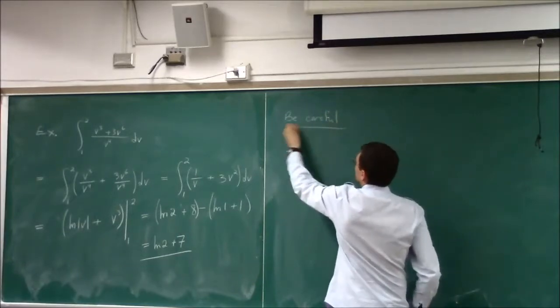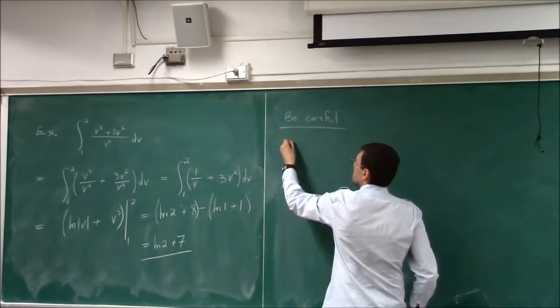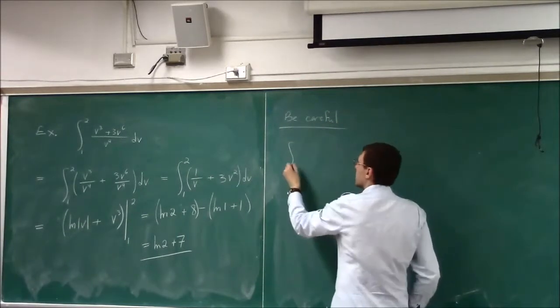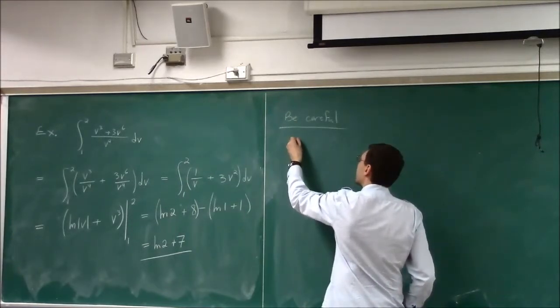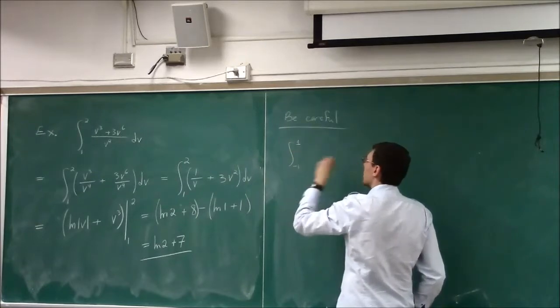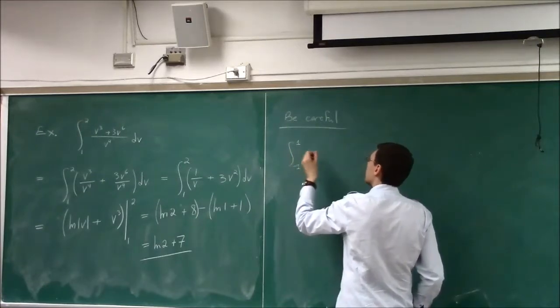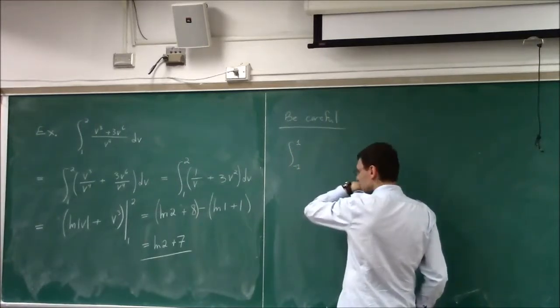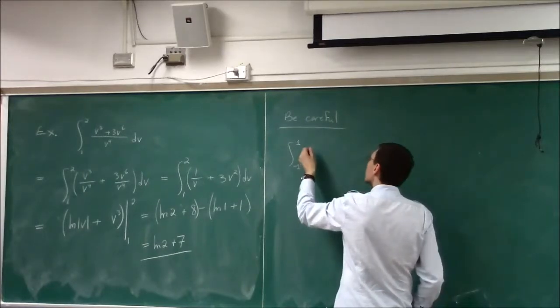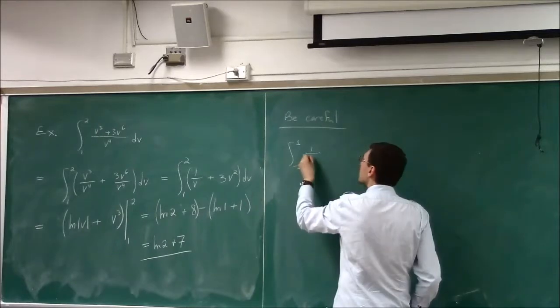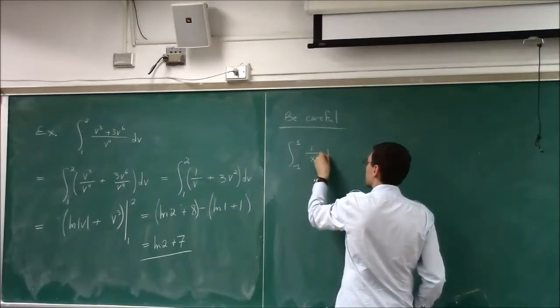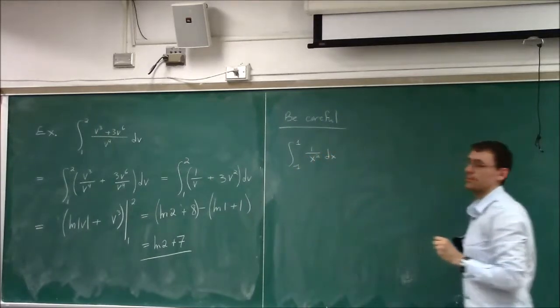Be careful. So for example, suppose that what we do is let's integrate from minus 1 to 1 the function 1 over x squared dx. What would you do?